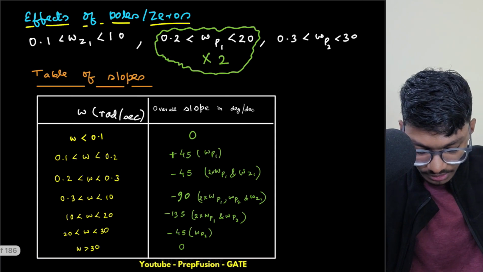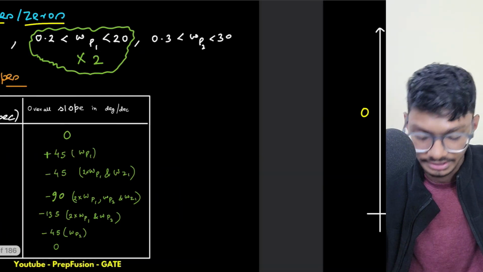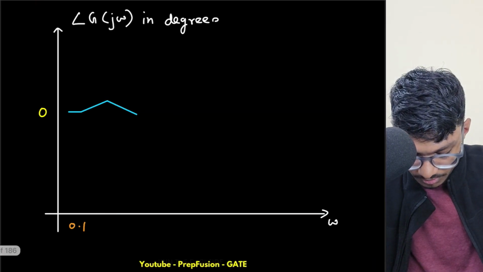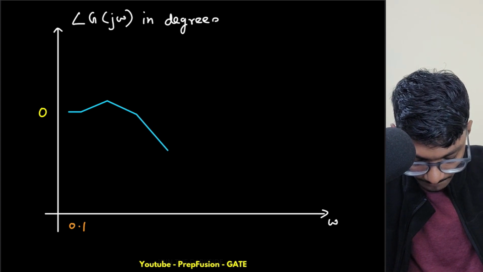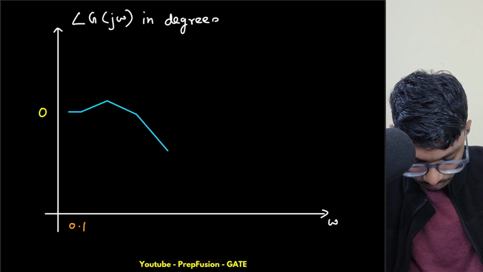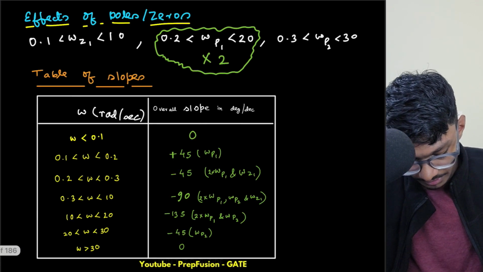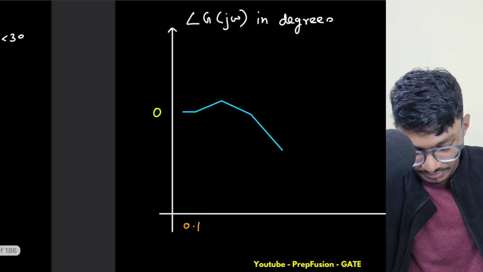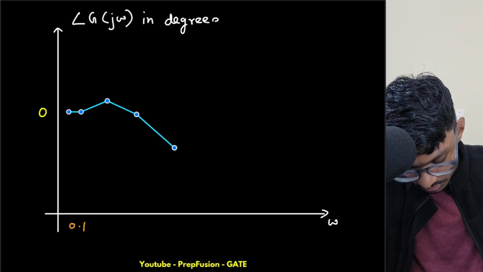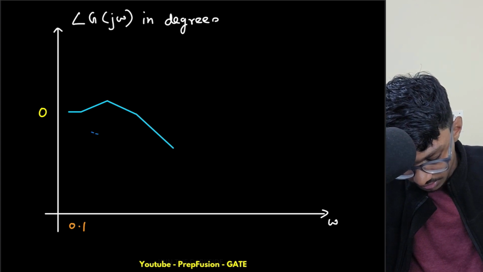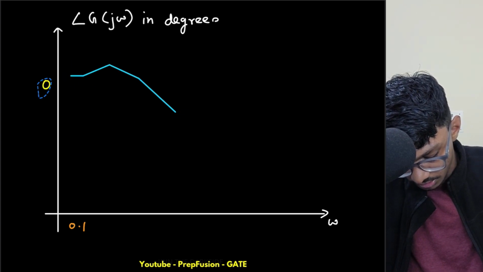Now after this, what is happening? My slope is further reducing to minus 90 degree per decade. Then it is becoming minus 135 degree per decade slope. I will not show this reduction so much, because it is so small.